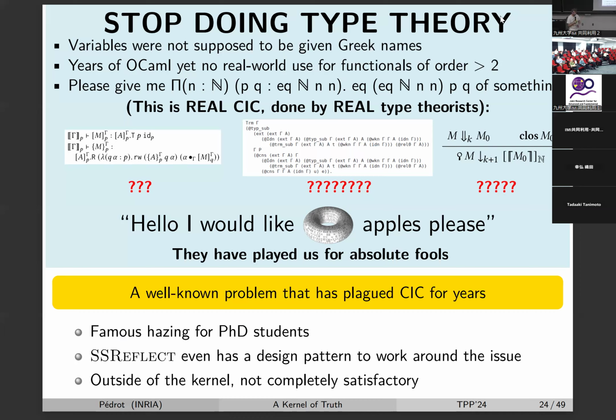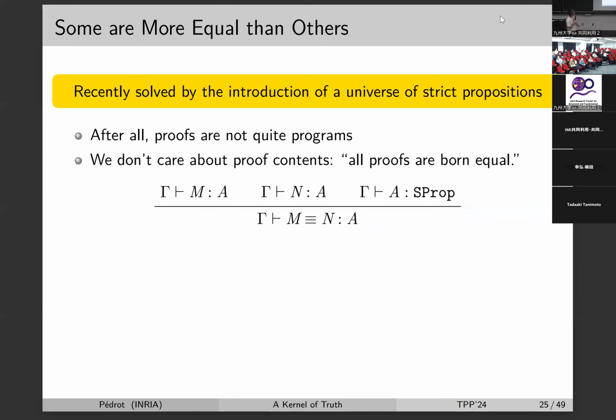So this is a real problem that should be addressed, and it was actually solved recently by what is called strict propositions. It has been a few years already since we introduced a new universe SProp of strict propositions. A strict proposition is really the nice notion of propositions. If you have two proofs of a strict proposition, then they are convertible by design, right?